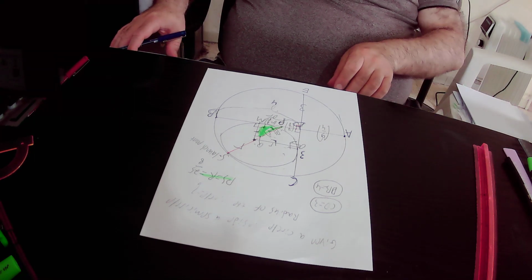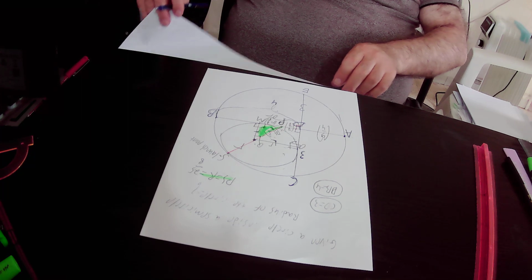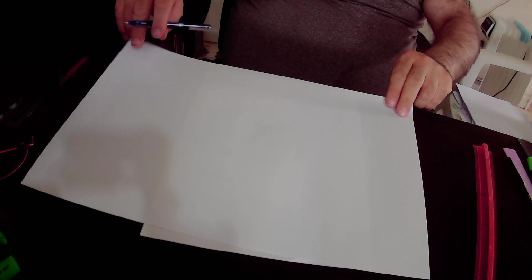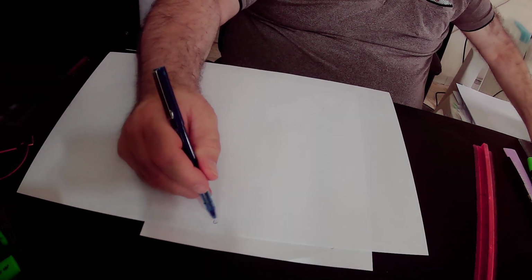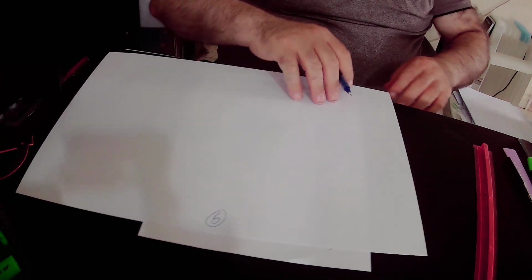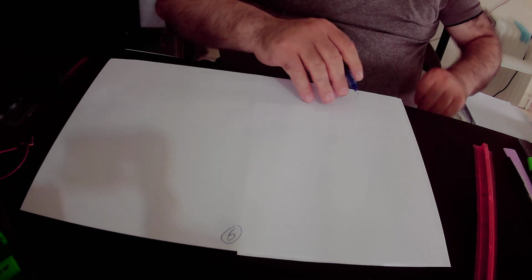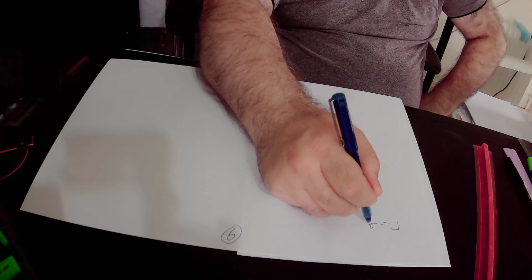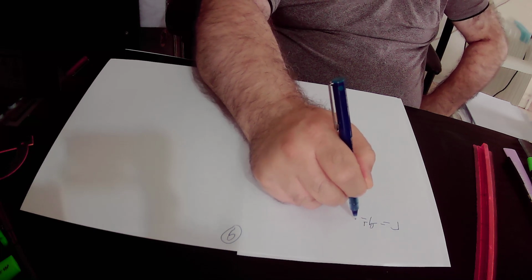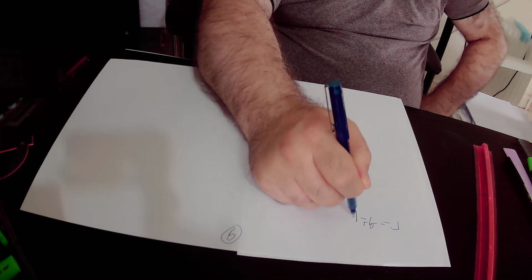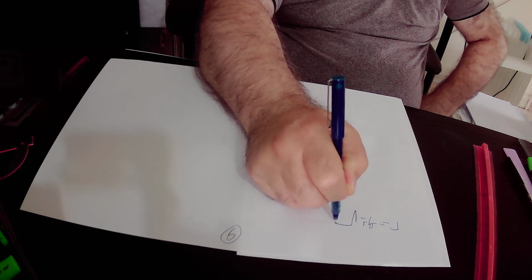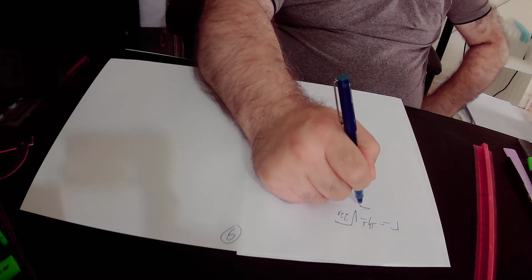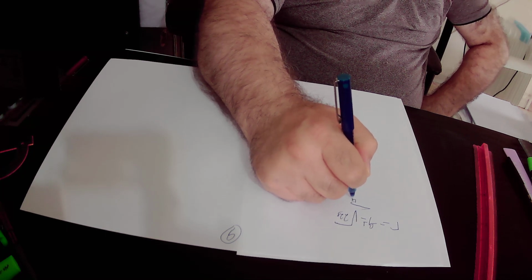So we actually found out that r, the radius of the small circle, is equal to minus 9 plus minus the square root of 81 plus 144, which is 225, all divided by 4.